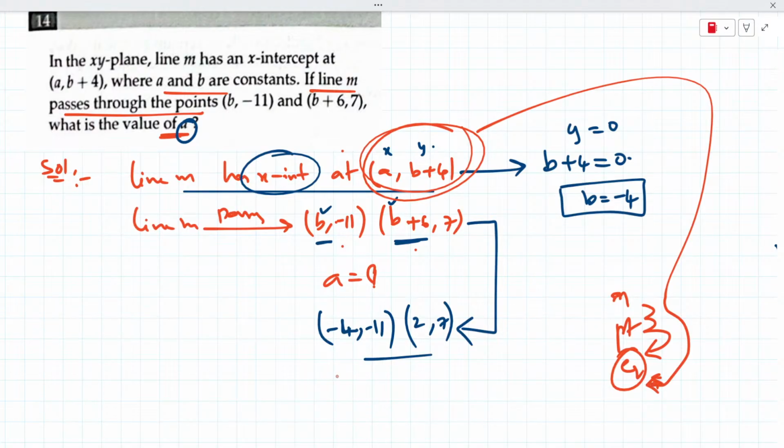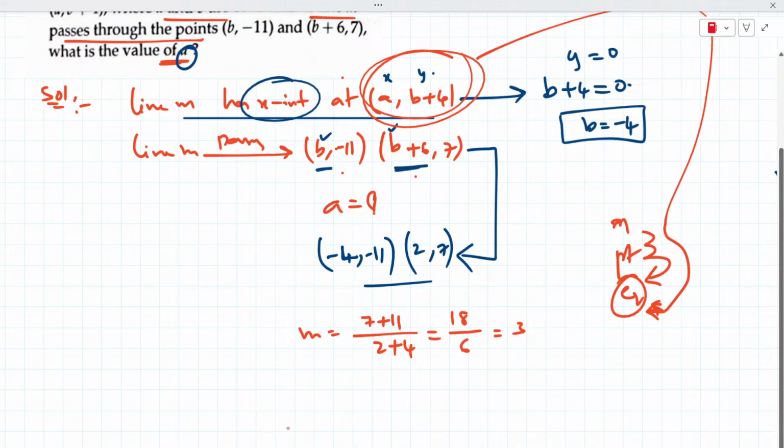Now, how to get the slope? Slope m equals 7 minus negative 11 divided by 2 minus negative 4. 7 plus 11 is 18, divided by 6, which is 3. So slope equals 3. I'll take any point, maybe (2, 7), because both are positive.